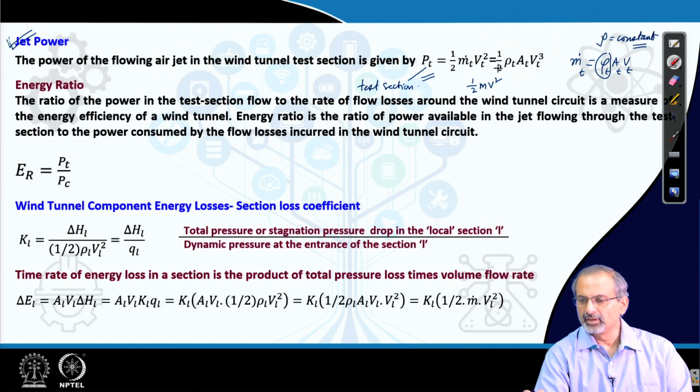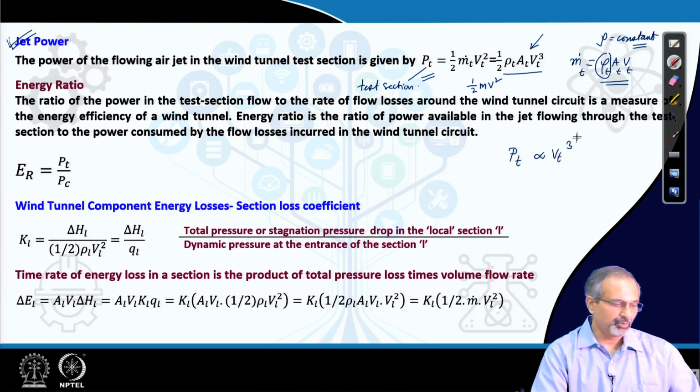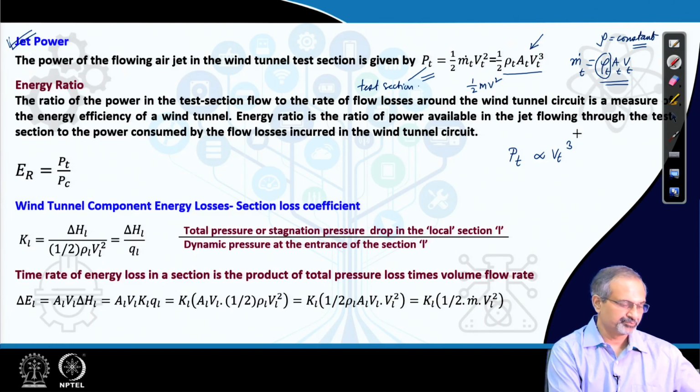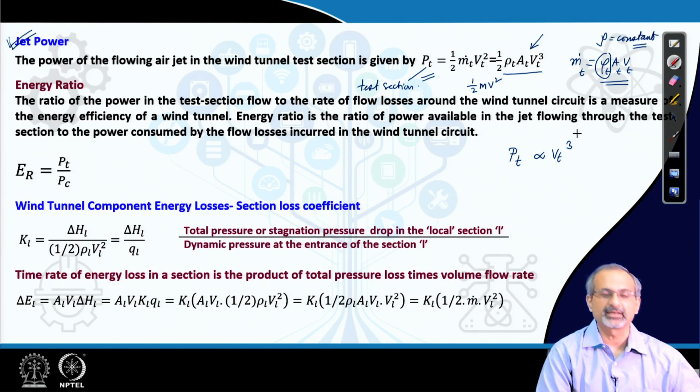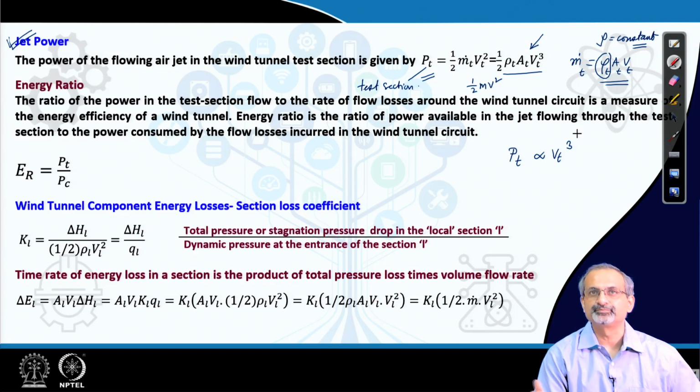Then if you use this expression, you can very easily show that the PT can be expressed like this. You see that PT is proportional to Vt cube. That means the power which is contained in the air jet varies as the cube of the velocity, and therefore, as the velocity of the test section rises, the power involved is also going to be huge.